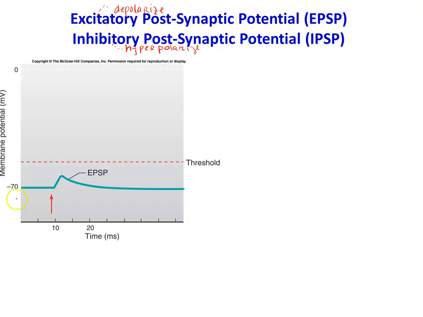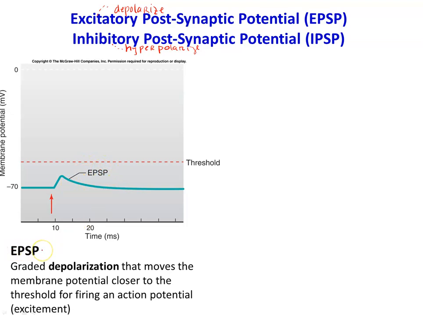And what I'm seeing is over time that if I get a signal right here, that's the red, I'm having a charge that becomes more positive. That's EPSP, right? Now, EPSP, by definition, is a graded depolarization signal, and it can move the membrane potential closer to the threshold for firing an action potential.